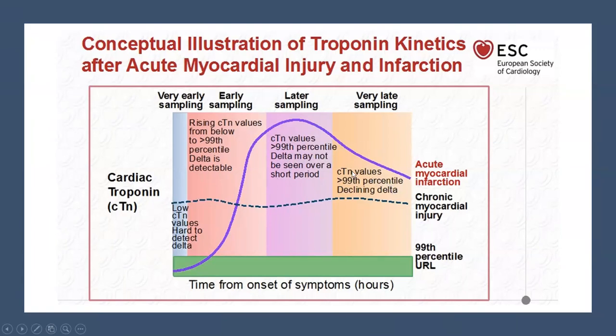This can indicate an acute myocardial injury or myocardial infarction. Also to note, in the dashed blue lines, you can have persistently high levels that are not hitting the 99th percentile level, which can actually indicate chronic myocardial injury. So you can always correlate the time of onset of symptoms with the cardiac troponins.